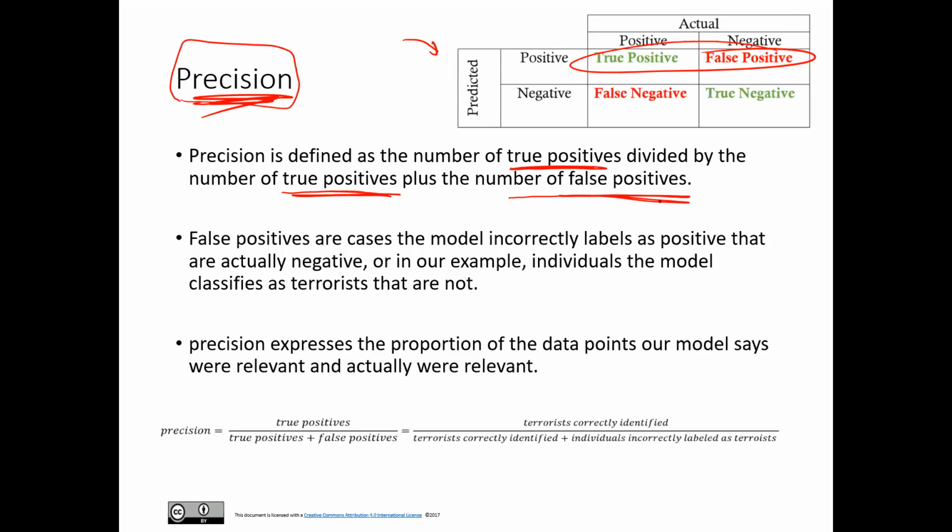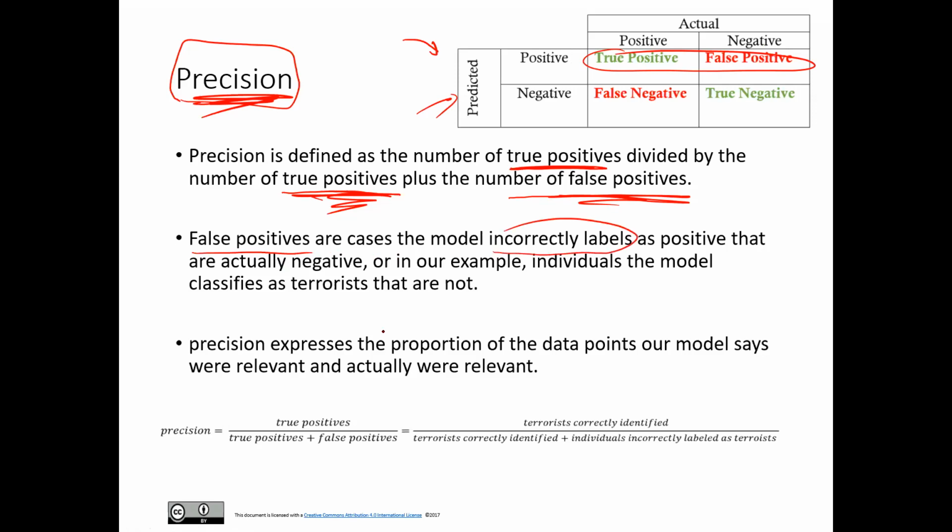So precision is defined as the number of true positives divided by the number of true positives plus the number of false positives. So you can see that here. And the way I think of it is, precision is related to the predicted. Out of the predicted, we want a number. False positives are cases the model incorrectly labels, because it's the predicted, right?